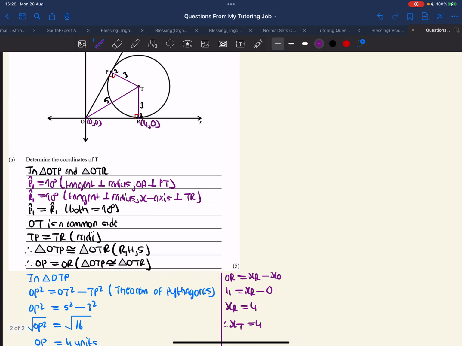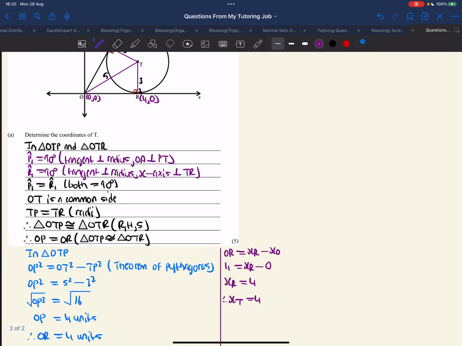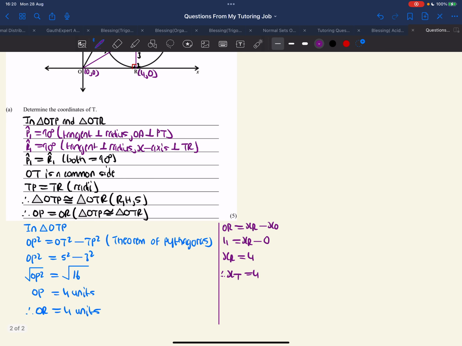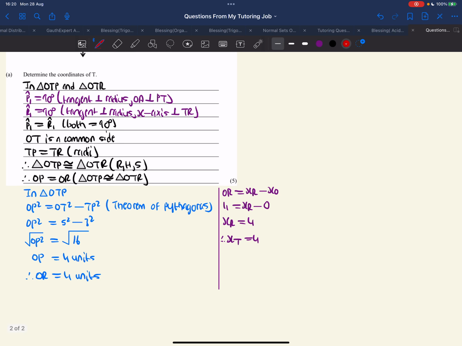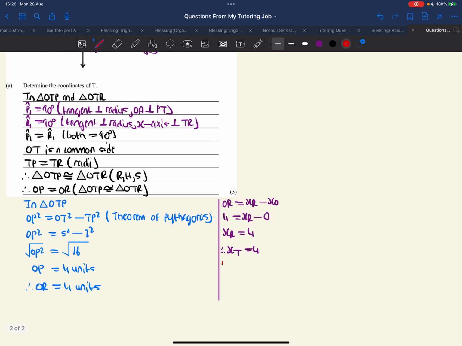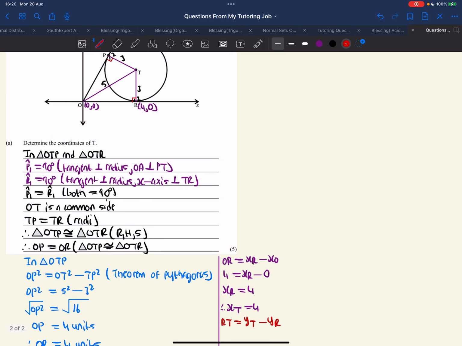And then another thing, now to find the y coordinate of T, let me use a different color. Remember the length, we're going to say RT equals yT minus yR, because here also we don't have to use the distance formula, seeing that the x coordinate is common for both, which is 4.